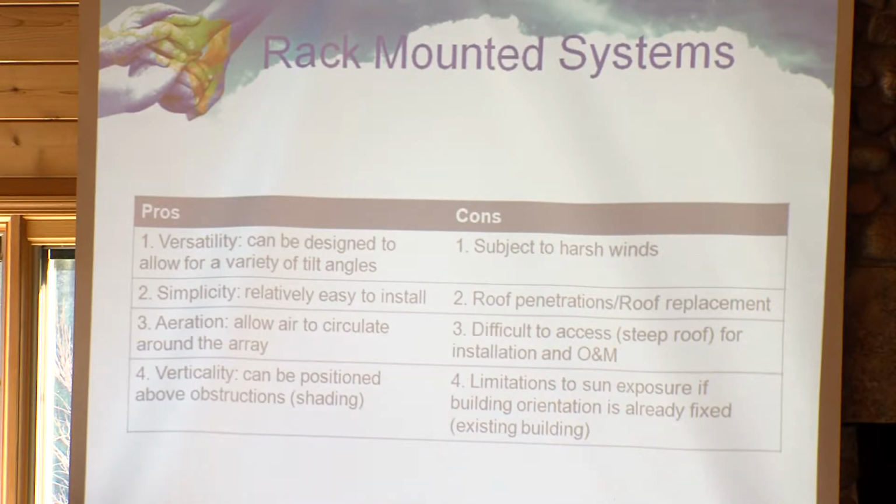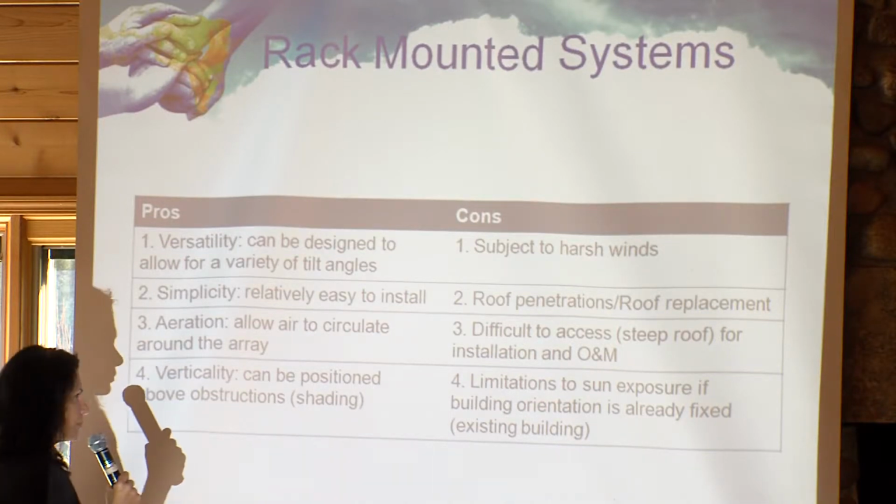Really. The cons are subject to harsh winds, and we have some pretty harsh winds here in Iowa. Roof penetrations, as we talked about. Difficult to access steep roofs. You have to make sure that all OSHA guidelines are being met, so that people can get to the roof to perform O&M.